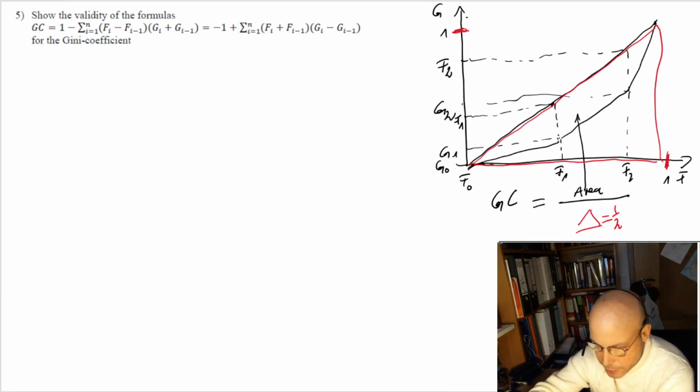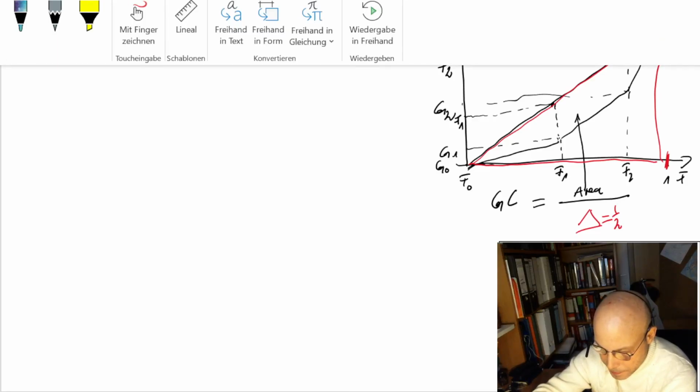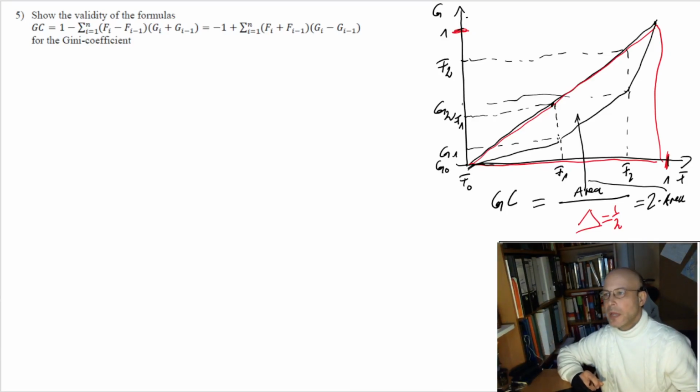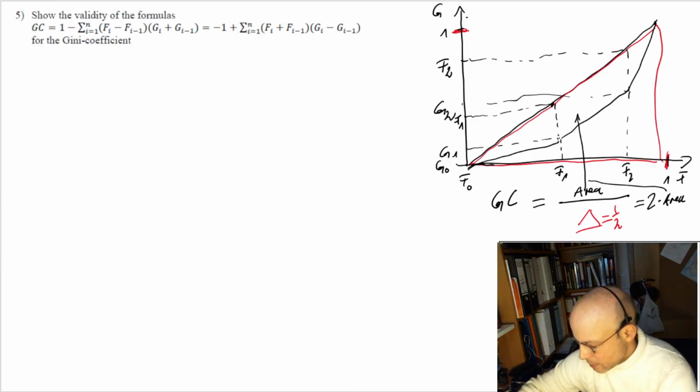So the Gini coefficient is just 2 times this area. Well, and now we have to calculate this area, and this is a little bit complicated.